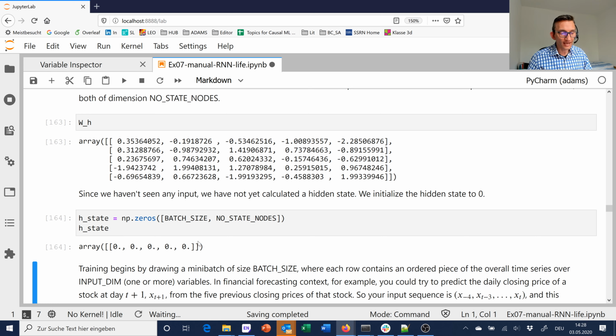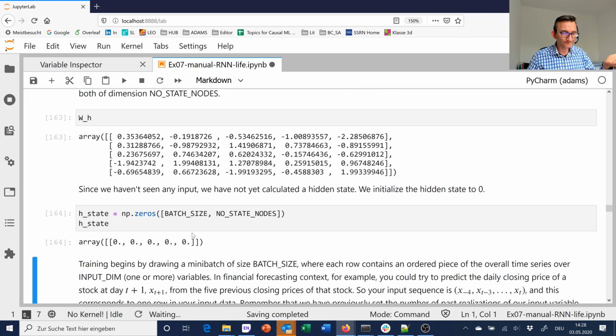So I would need a vector of that size, really, which would then be a matrix. Okay, we have all the parameters, weights and biases, and now we have an initial hidden state. So that should actually ready us to calculate the forward path.